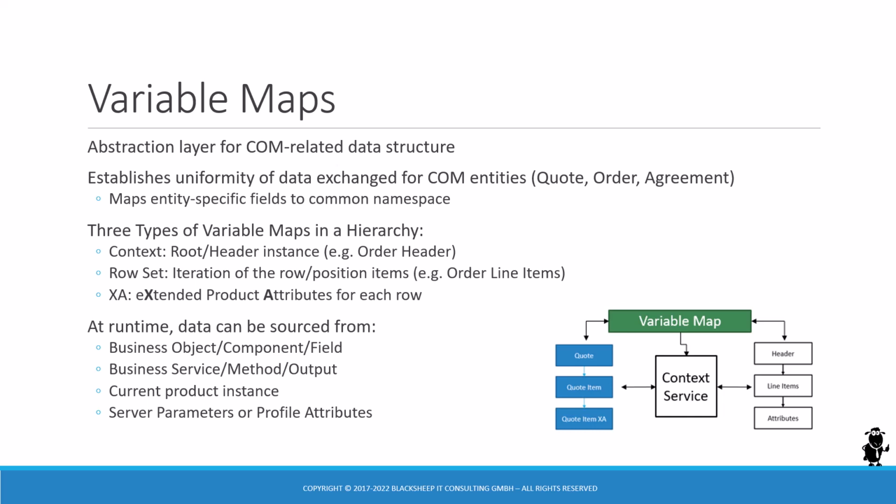And most of the time the data for variable maps comes from business component fields, but we can also source the data in a variable map from a business service method or the so-called current product instance, which is, for example, a product loaded in a configurator session or a product already listed as an asset for a customer. And we can also source the data from server parameters or profile attributes. So this is a very versatile concept of creating a common, uniform set of information that is then passed between the services.